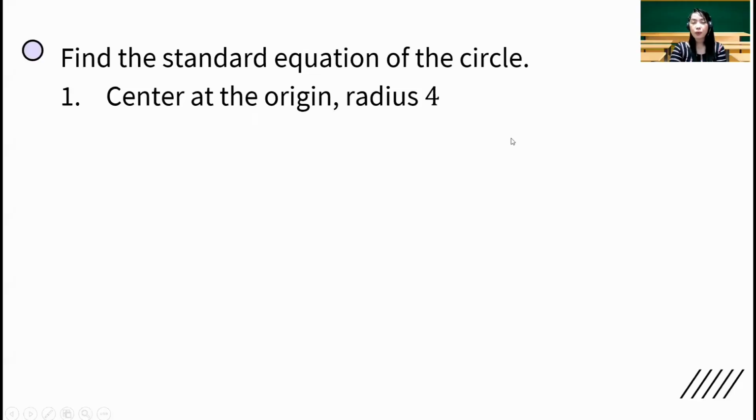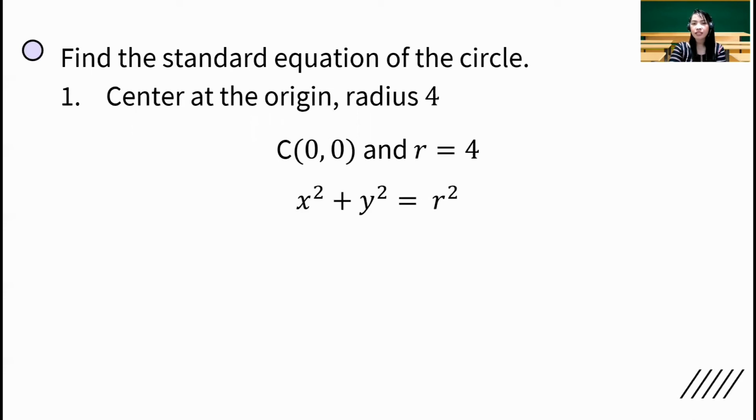Find the standard equation of the circle, given the center at the origin and radius 4. When we say center at the origin, the center is at (0, 0). And the radius of the circle is 4, or r is 4. When the center is at the origin, the standard equation is x squared plus y squared equals r squared.